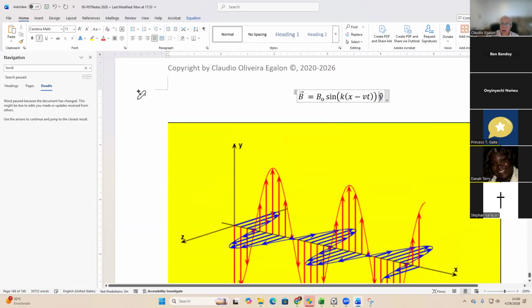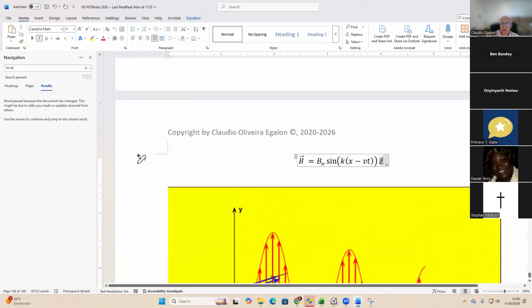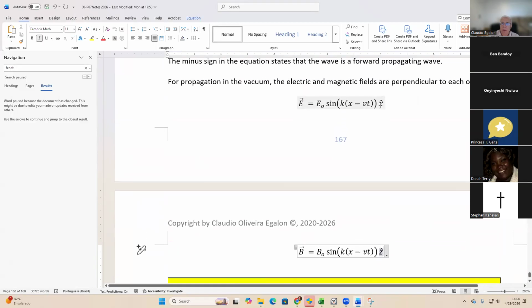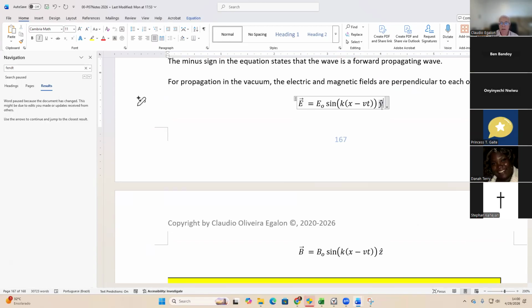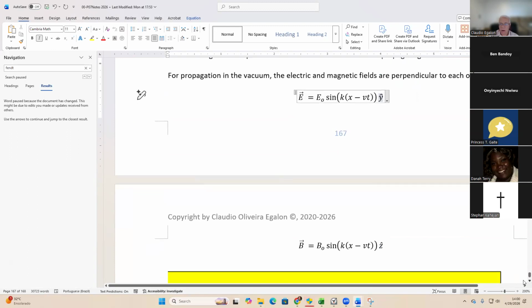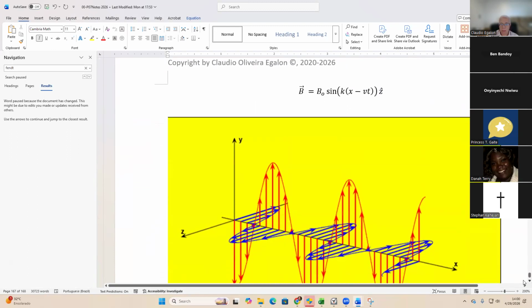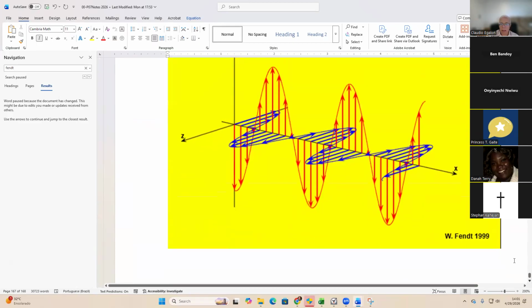I'm going to replace it here. And the electric field, he put it along the y direction.